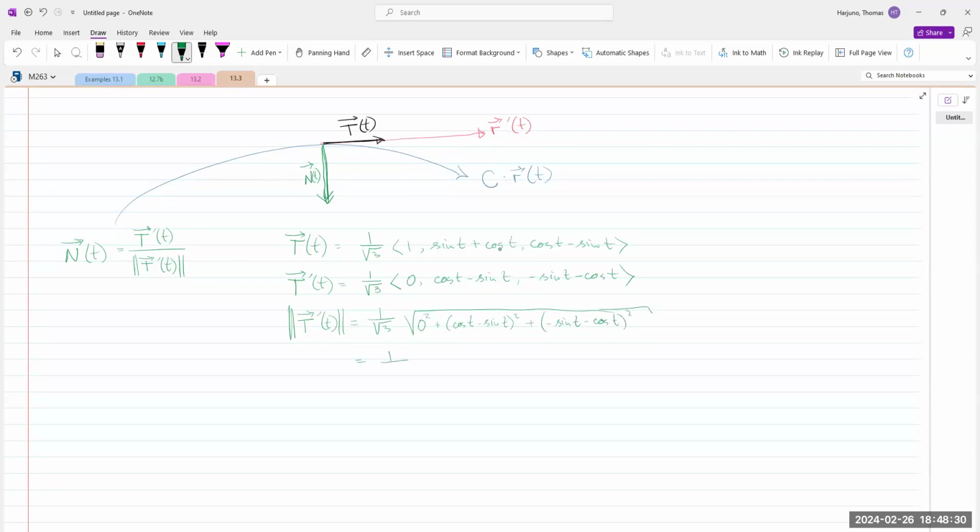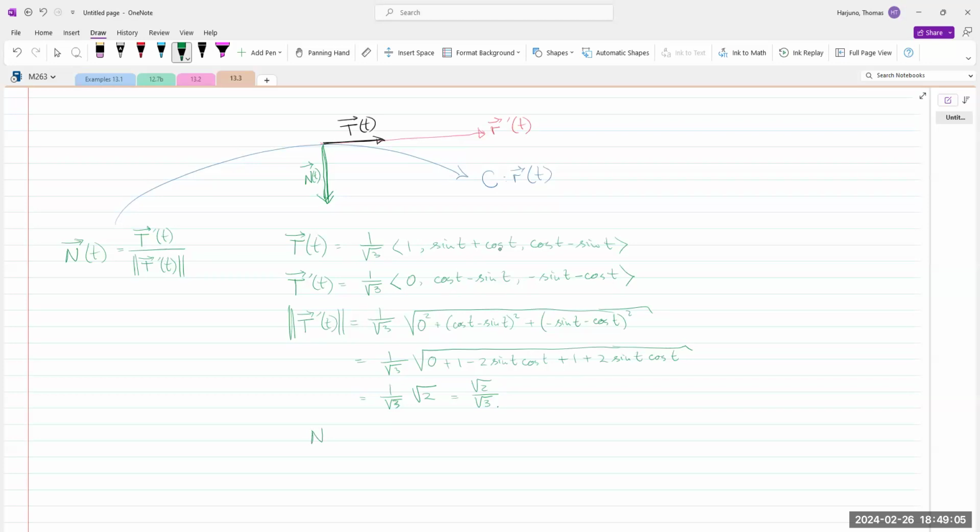That is 1 over radical 3 times the square root of 0 plus 1 minus 2 sine t cosine t plus 1 plus 2 sine t cosine t, which will give us 1 over square root of 3, and inside you see the sine t cosine t cancels. Yeah, square root of 2. Basically, we have square root of 2 over square root of 3.